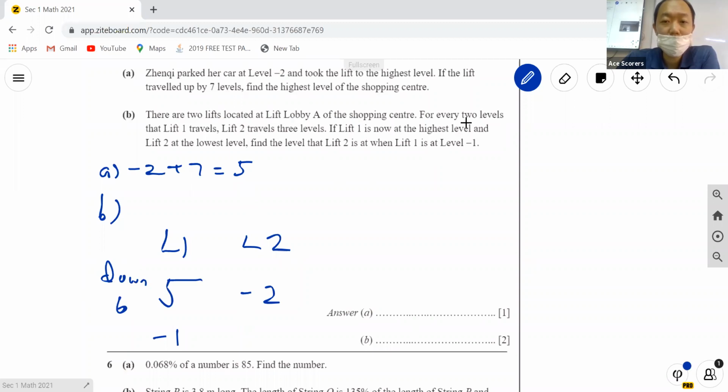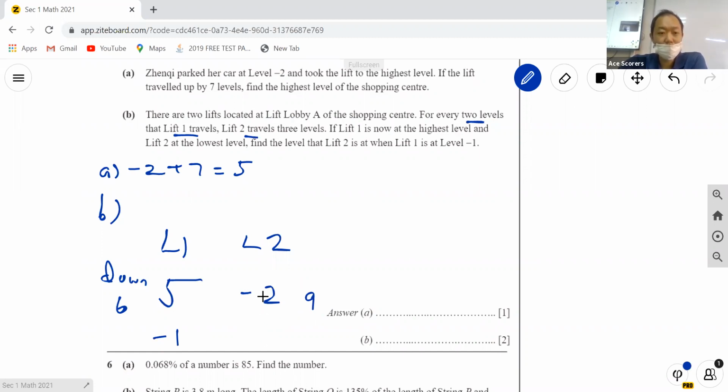They say that for every 2 lift 1 travels, lift 2 will travel 3. So the ratio is 2 is to 3. Lift 2 will have to travel by 9. If this one goes down by 6, this has to go by 9. But there's no such thing as negative 11 floor.